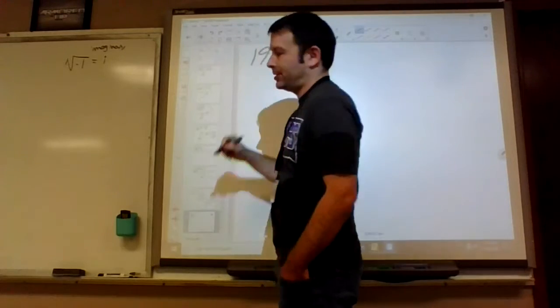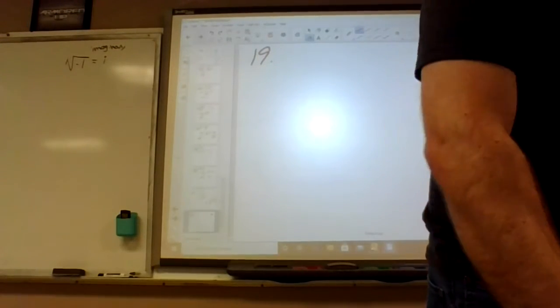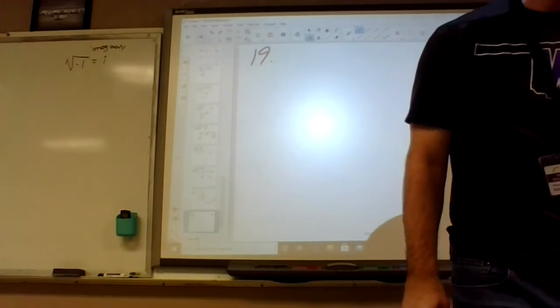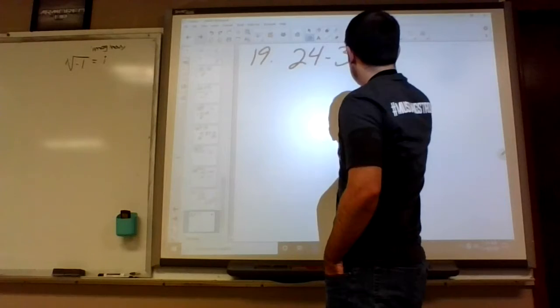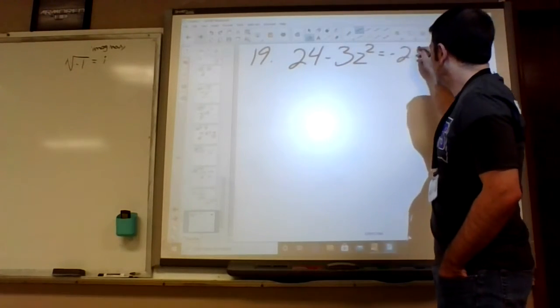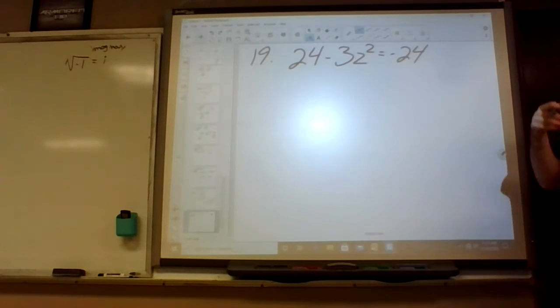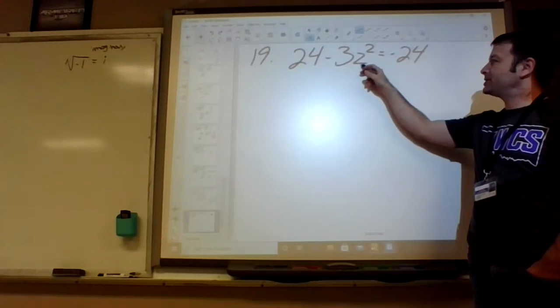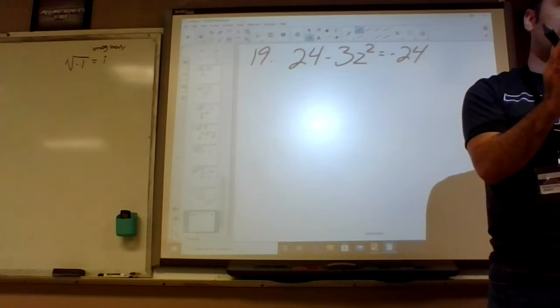Alright, 19. 24 minus 3z squared. Okay, what do you guys think for the first step? So, again, it just has a z squared. Just like we were trying to get z by itself, we're trying to get z squared by itself.